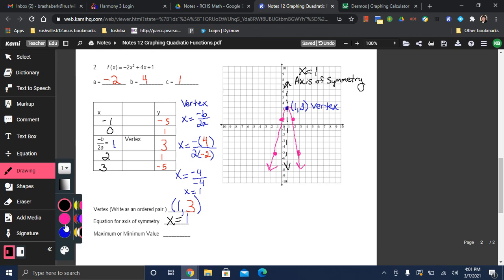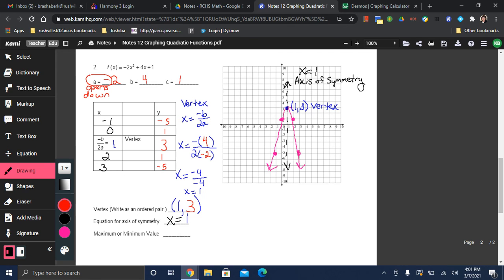And then finally, you have the question of whether you have a maximum or a minimum value. Since this A was a negative, the graph opened down. And that's because the A is negative.